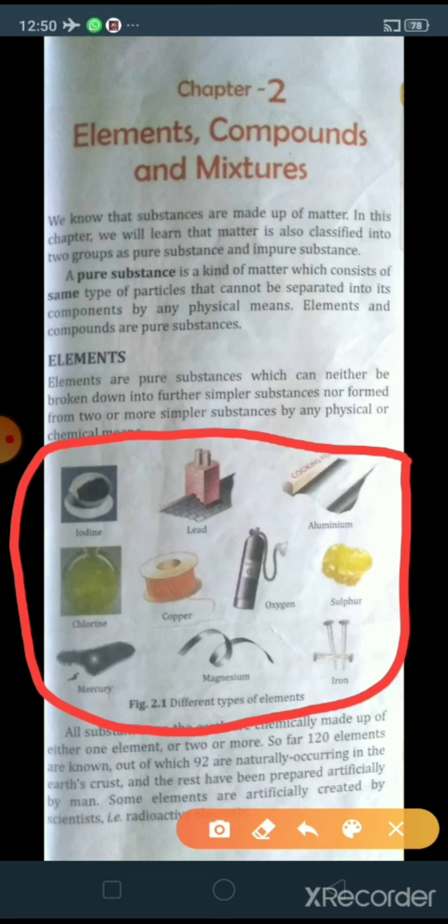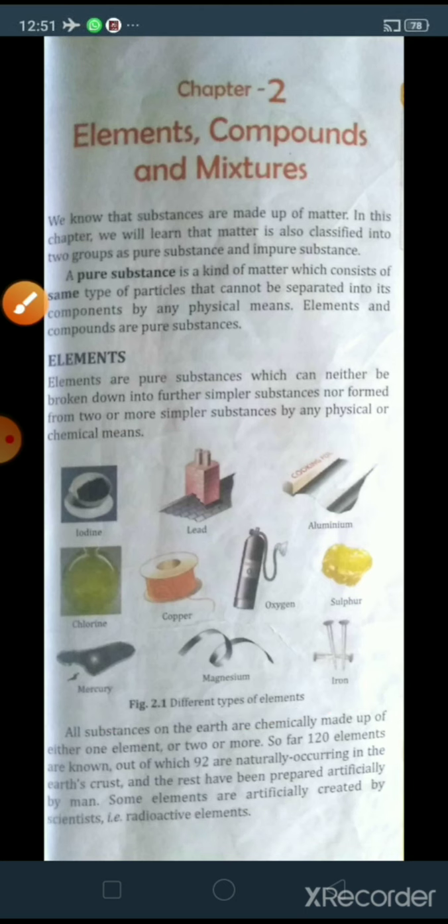Iodine is an element, that means iodine is made up of only the same type of particles. That's why it is an element. We can't break it down into further simpler substances, as well as we can't form iodine from two or more simpler substances. Okay, that is the element.